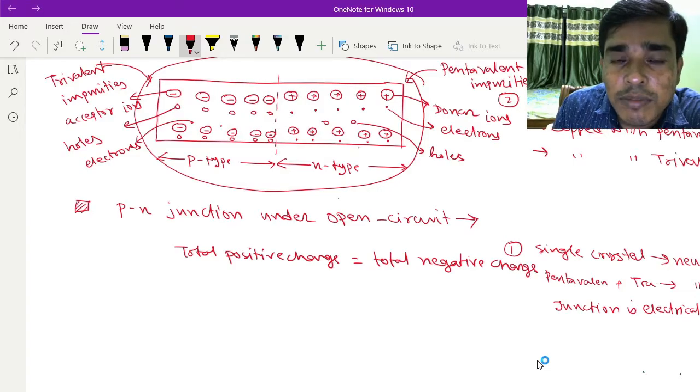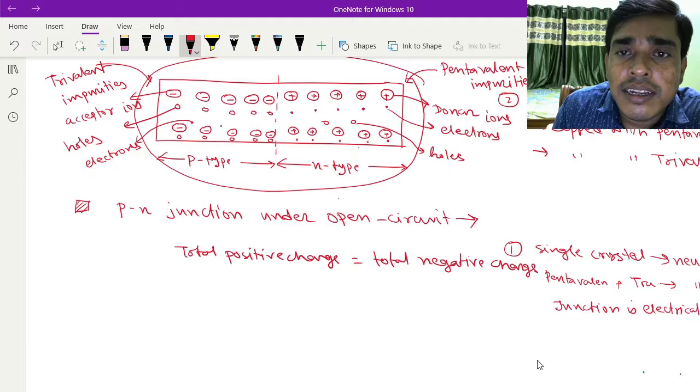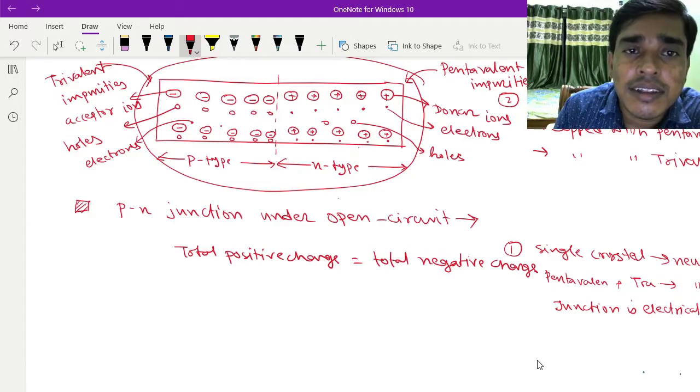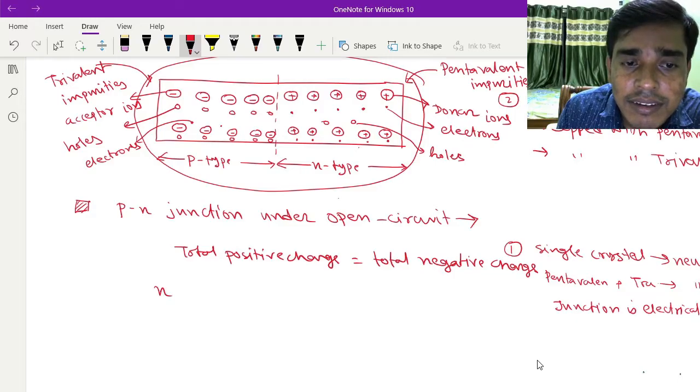That means this substance is electrically neutral, but there is a density gradient. On the p side the hole concentration is greater, and on the n side the electron and donor ion concentration is greater.